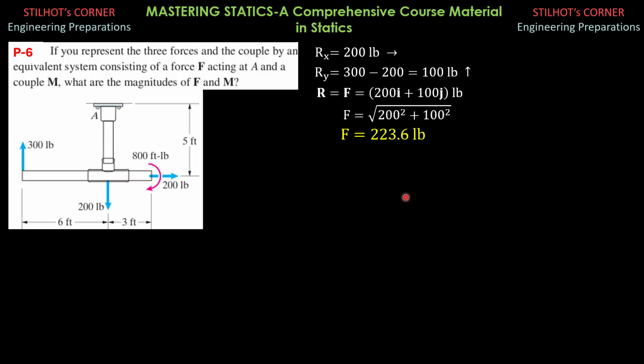So from the figure, moment about A is 200 times 5 minus 800, then minus 300 times 6. So M is equal to negative 1,600 pound-foot. So the magnitude, because that is clockwise, of course, the magnitude of M is 1,600 pound-foot. And the actual sense is clockwise. So that's it for this problem.